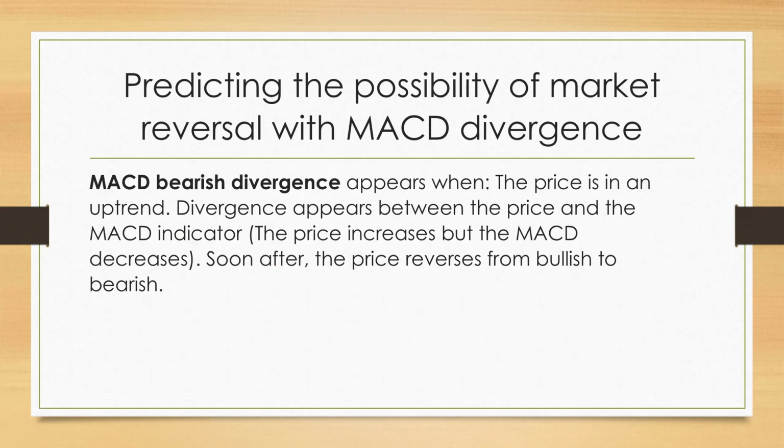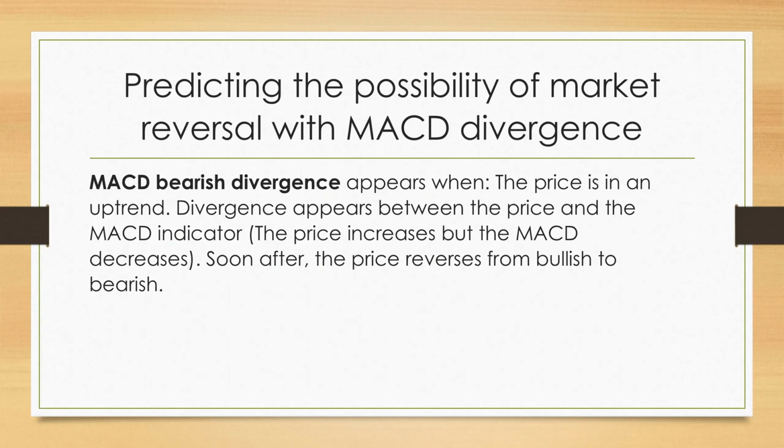Predicting the possibility of market reversal, as we just did here, now we are looking at the bearish divergence. And when the bearish divergence appears, we're looking to go down now. We're looking for an indication that the market is going to go into a sell. But for that, the market has to be in a buy for us to be looking for the trend to reverse.